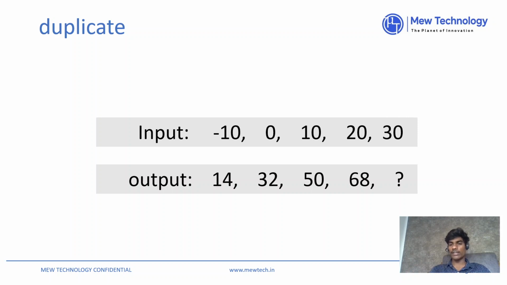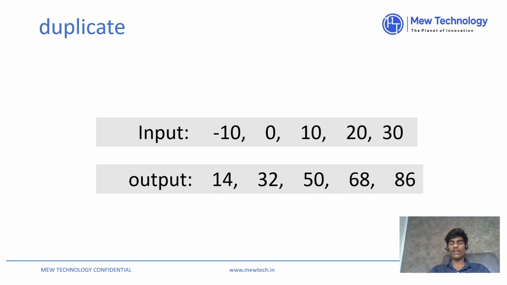If I give the input value 30, what is my output value? Can anyone find the corresponding output value? If you found that the output value is 86, it is correct.